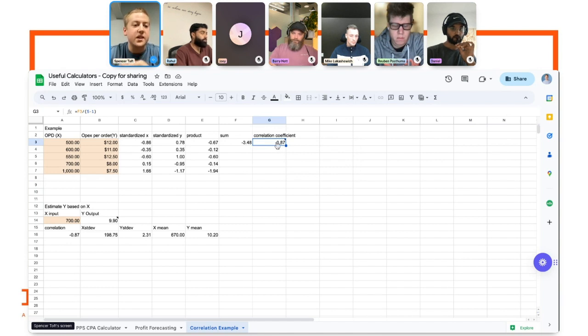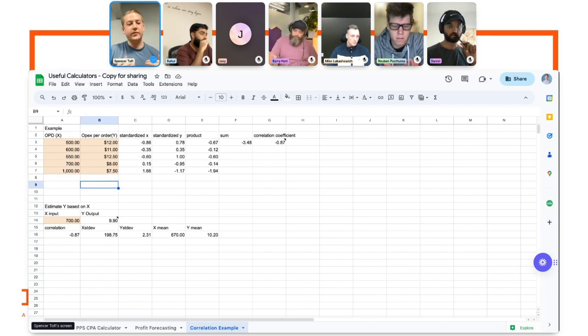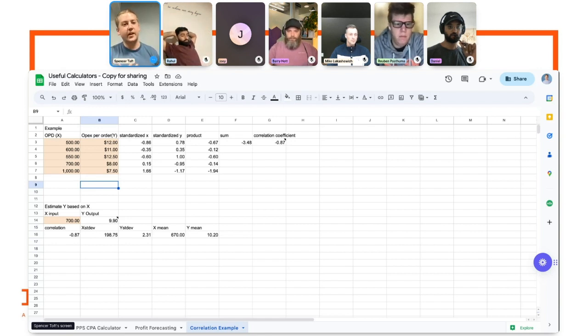What that means is as orders per day increases, operating expenses per order decreases. This is something you'll have to see if it's true for brands that you're working with, but it's true for us, where the more orders we have, the more we can break away from operating expenses, which is really important if you can't get to a better efficiency on acquiring customers.